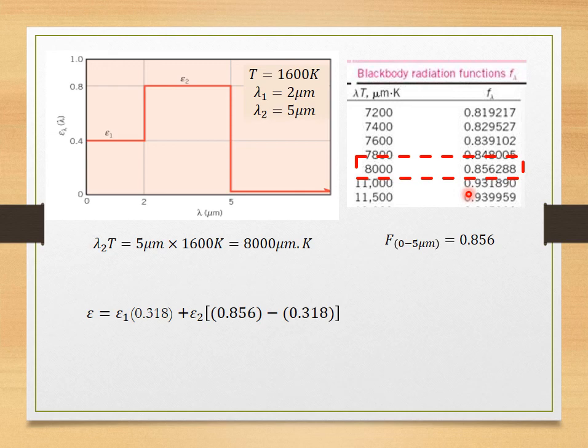In other words, the function from 0 until 5 micrometer is equal to 0.856. Now insert all this information in the equation and we get this detail: 0.4 refers to epsilon 1 or emissivity 1, 0.318 from the F function of 0 until 2 micrometer, and then 0.8 refers to the second emissivity, and 0.856 is the function from 0 until 5 micrometer, and then minus 0.318 to get the final answer.